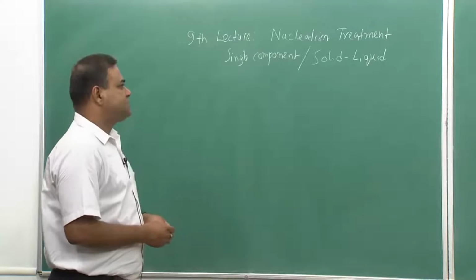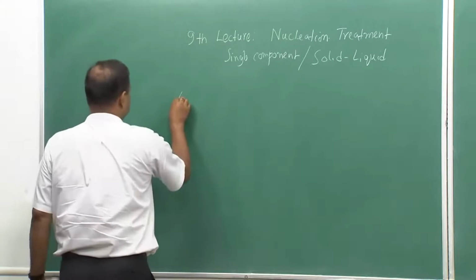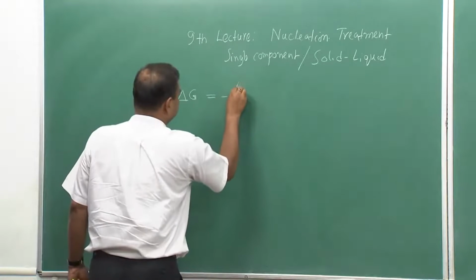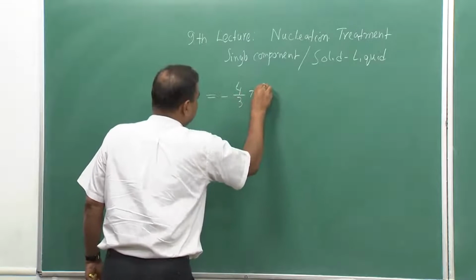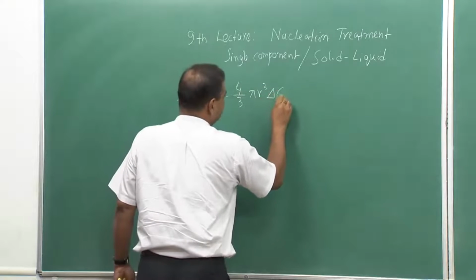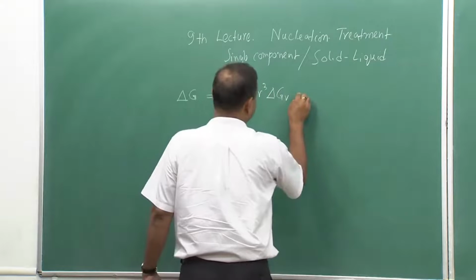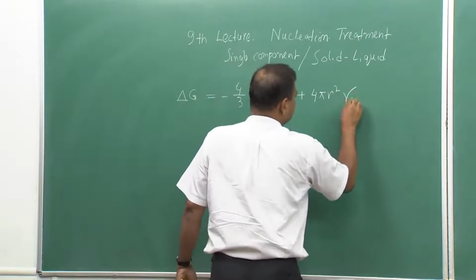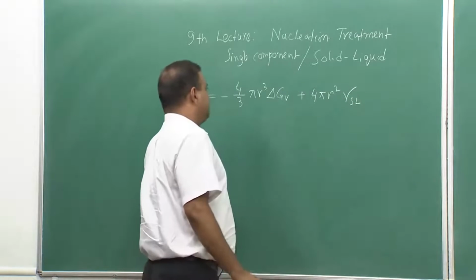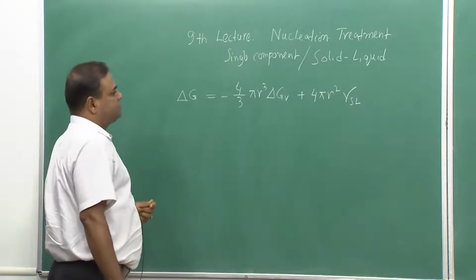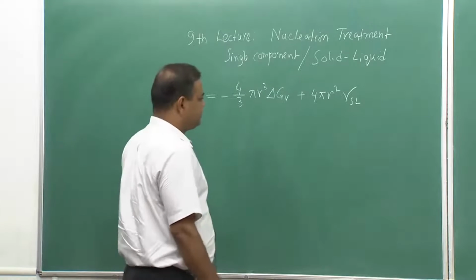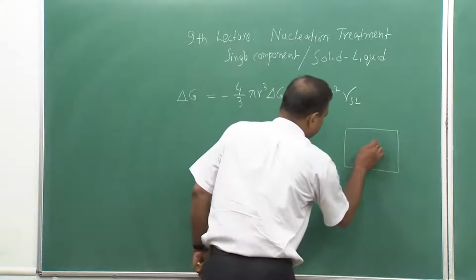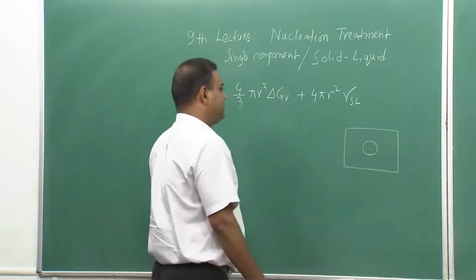Now, in the last lecture we came across this equation, which is del G equal to minus 4 by 3 pi r cubed del G V plus 4 pi r squared gamma S L. This equation we came across considering that in a closed volume I have a spherical solid forming inside the liquid.